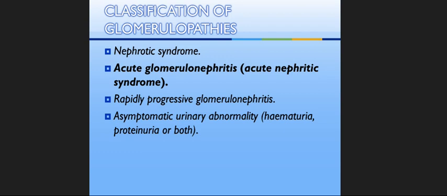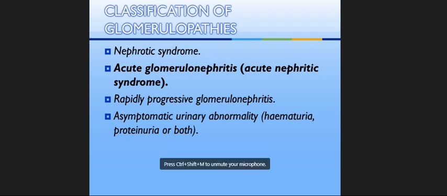Third group, it is called rapidly progressive glomerulonephritis. From its name, rapidly progressive means it is badly going to bad situations. And fourth, we have asymptomatic urinary abnormalities.